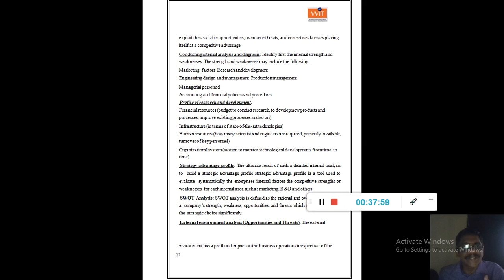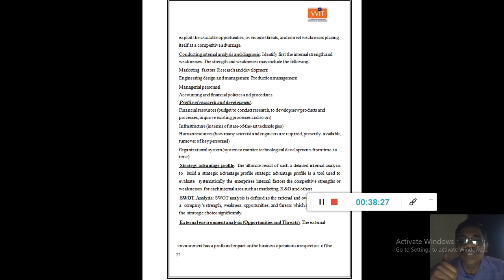See here, SAP refers to how well you are competing with your competitor as far as your strengths and weaknesses are concerned. So SAP, that is strategic advantage profile. The ultimate result of such a detailed internal analysis is to build a strategic advantage profile.